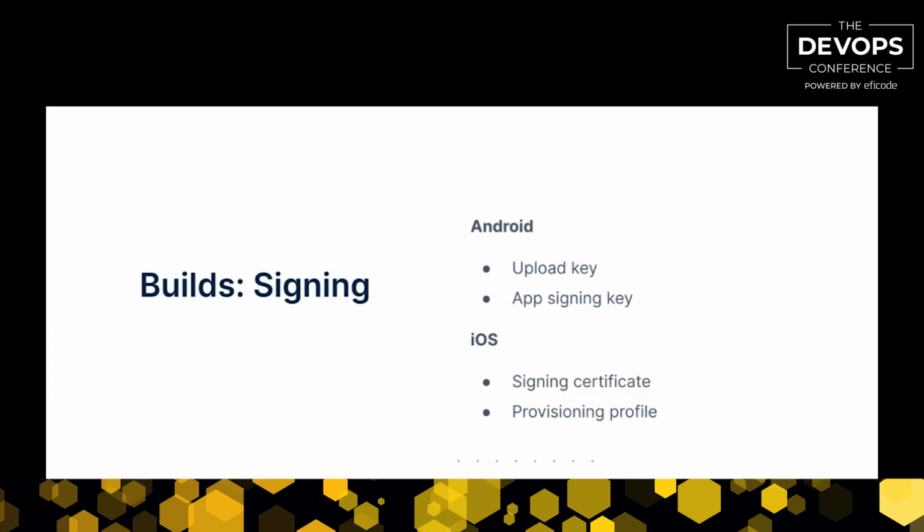And then for iOS, you have what's called a signing certificate, which validates the identity and the authorization of the person who is creating the signed bundle, as well as a provisioning profile. And the provisioning profile states what devices the application can run on. So if you are doing a development, an ad hoc release, or an enterprise release, you need to specify the device IDs in the provisioning profile.